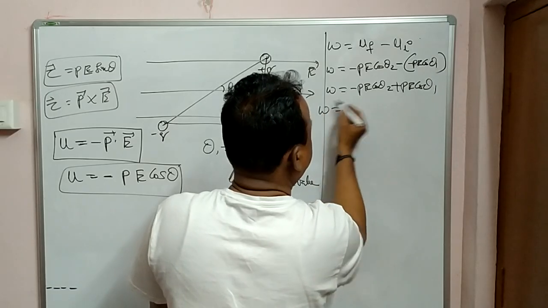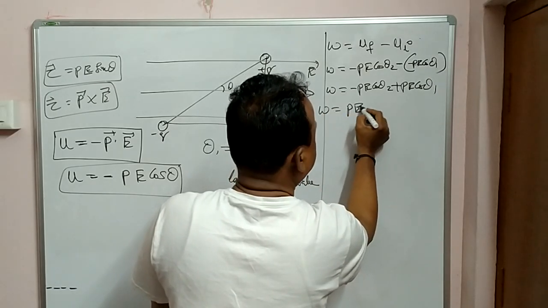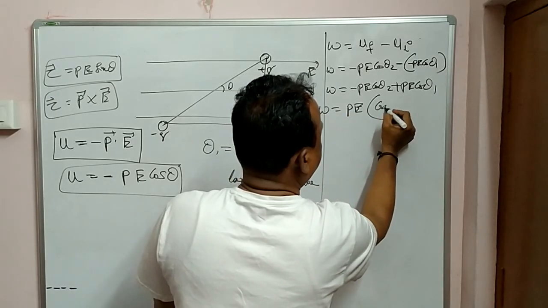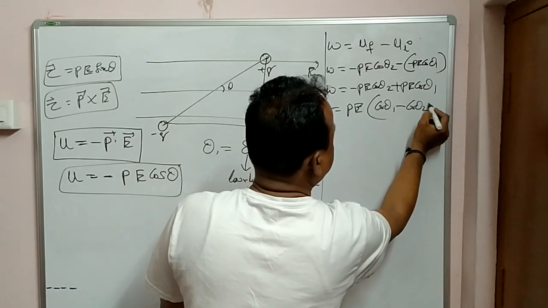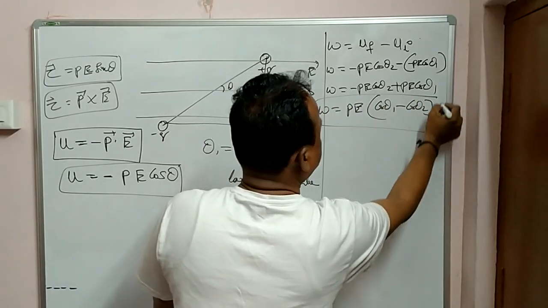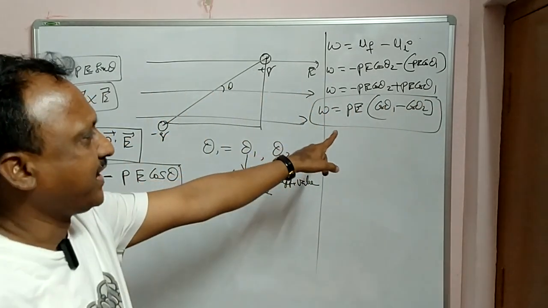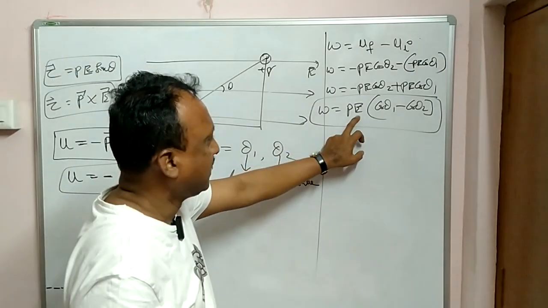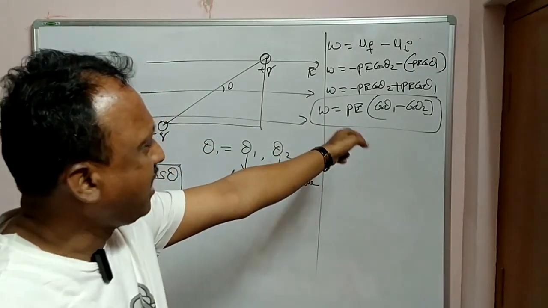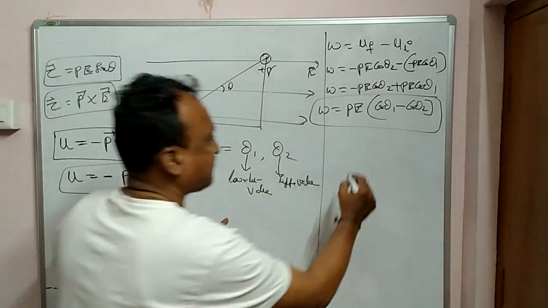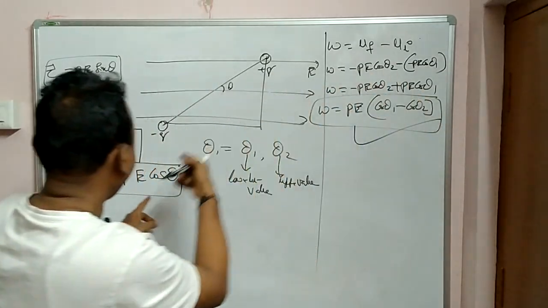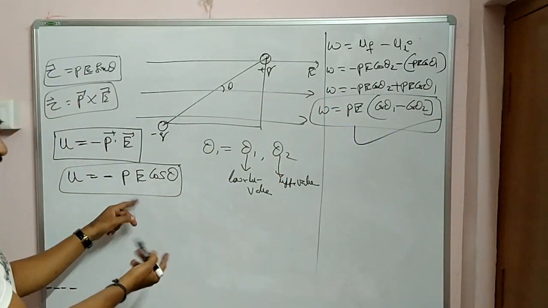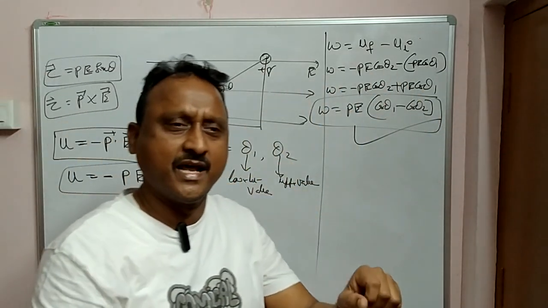If you take PE constant outside the bracket, it is cos theta 1 minus cos theta 2. So this is how you can write it. This is the general formula, PE outside, cos theta 1 minus cos theta 2. You can apply this formula or directly the other formula.